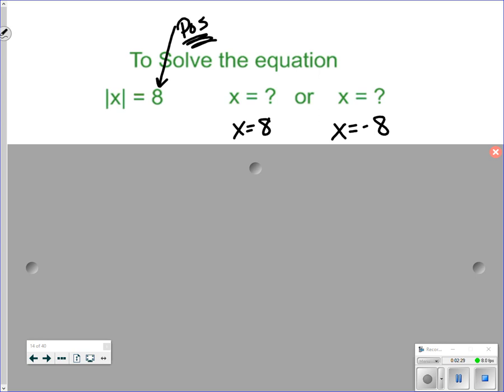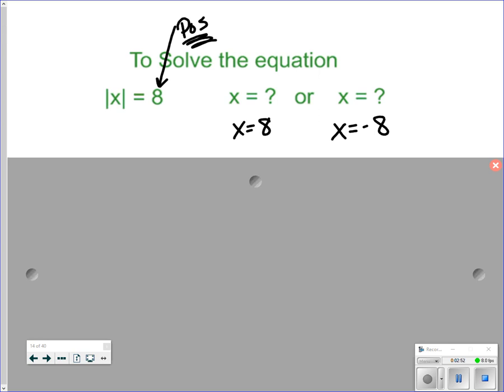Because again, there's 2 situations in which you are a positive distance. If I said I went 10 feet to the right and 10 feet to the left, I'm still going 10 feet, but I could go either direction. So basically you're looking at a number line situation, and there's 2 possible answers. One if you went positive 8, and one if you went negative 8.